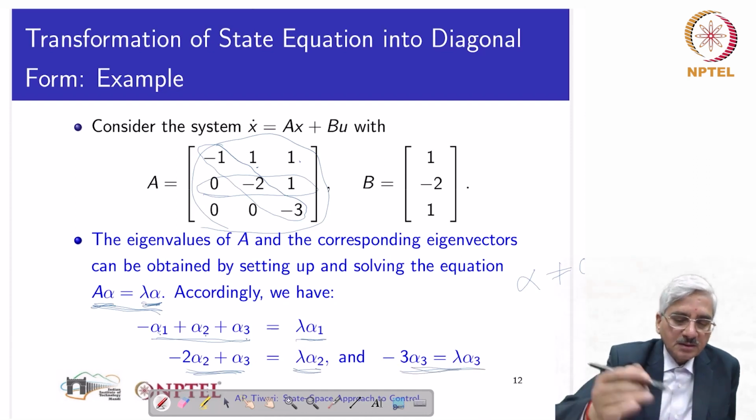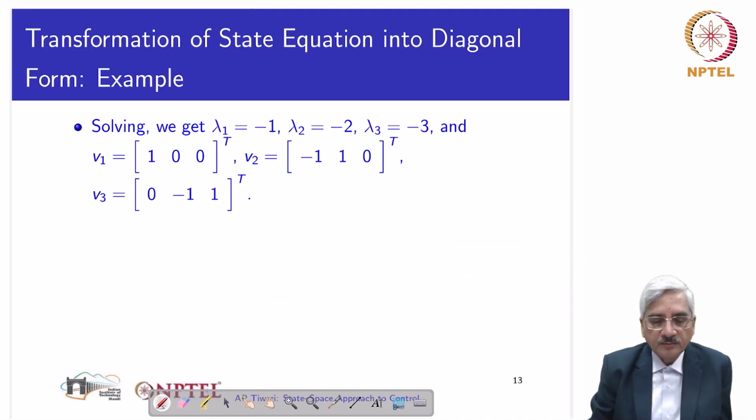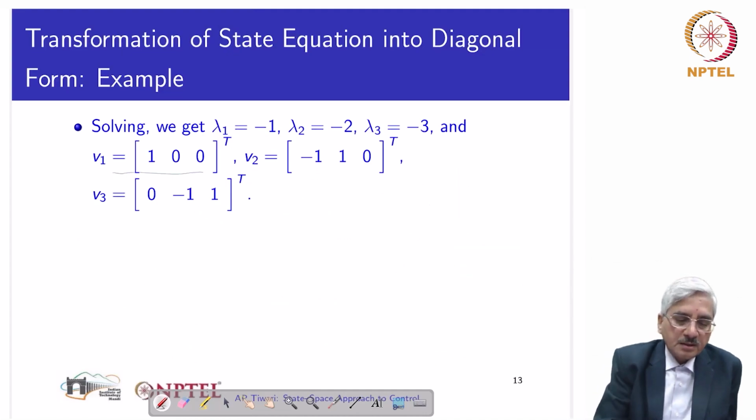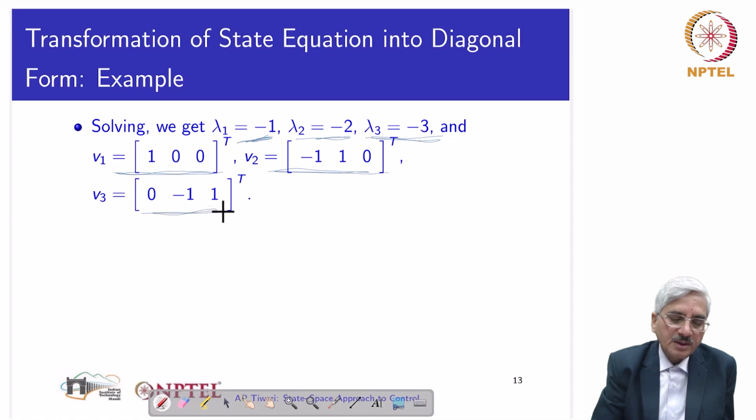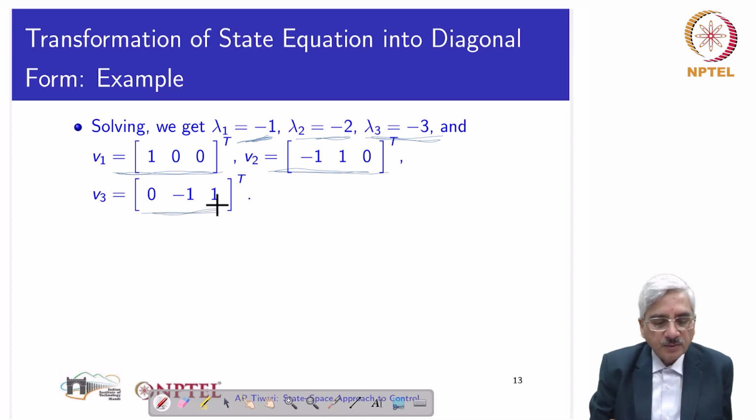After solving this, we will get the first vector v1 corresponding to eigenvalue lambda 1, minus 1, as 1 0 0. v2 will be obtained corresponding to lambda 2 as minus 1 1 0, and v3 corresponding to lambda 3 will be obtained as 0 minus 1 1.